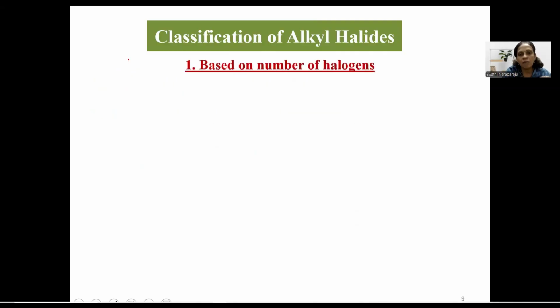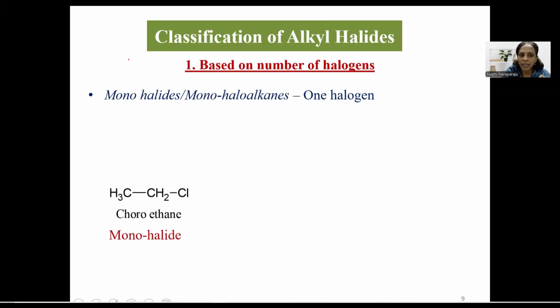Based on this, they are classified into 3 types. Monohalides or monohaloalkanes, where the alkyl halide has only one halogen. In this example structure, only one halogen is present, and the parent hydrocarbon is ethane.